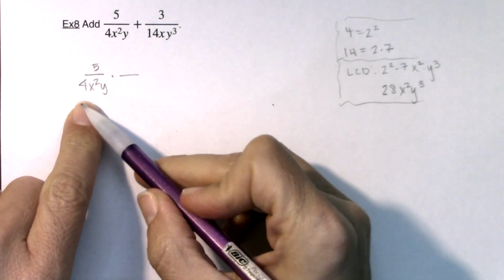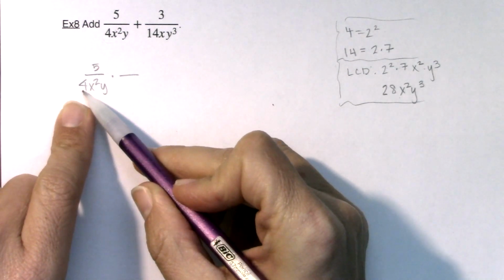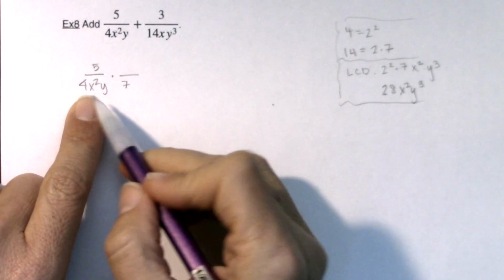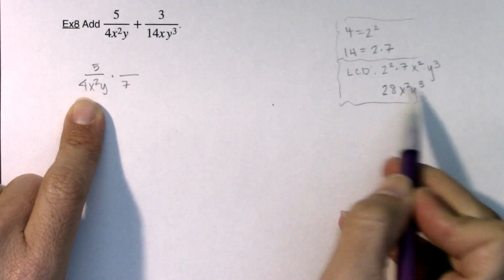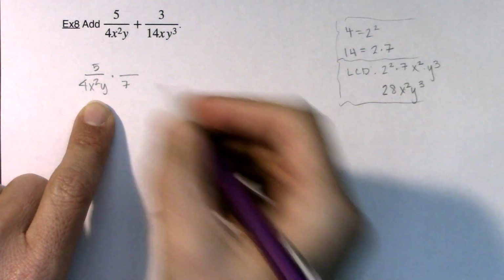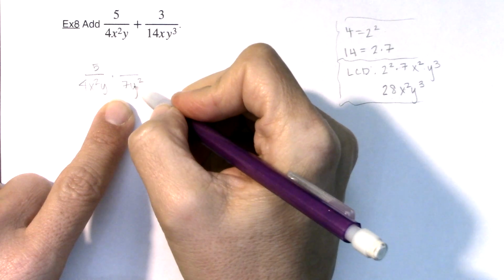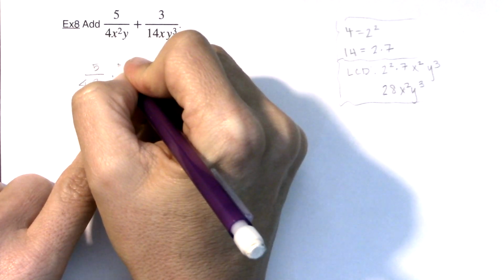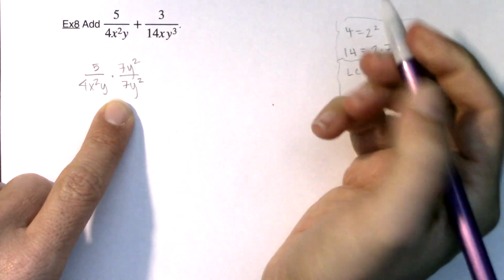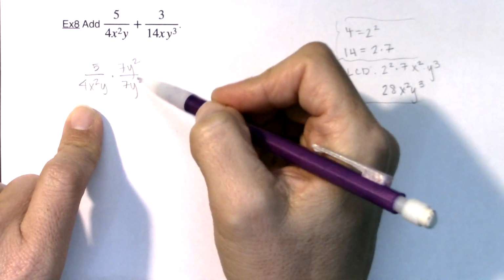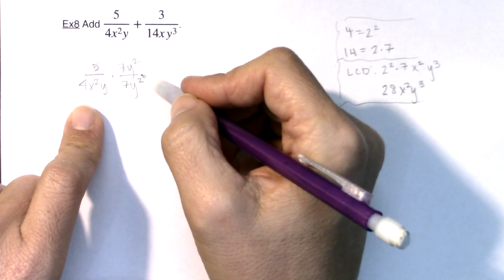To get 4 to become 28, I need a 7. x squared to become x squared, I don't need anything. y to become y cubed, I need a y squared. So I need to multiply the denominator by 7y squared. And to balance that out, I'm going to multiply the numerator by 7y squared, because when you multiply anything by 1, you don't actually change it. 1 is the multiplicative identity.